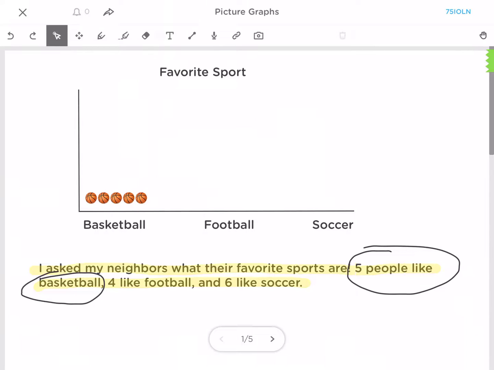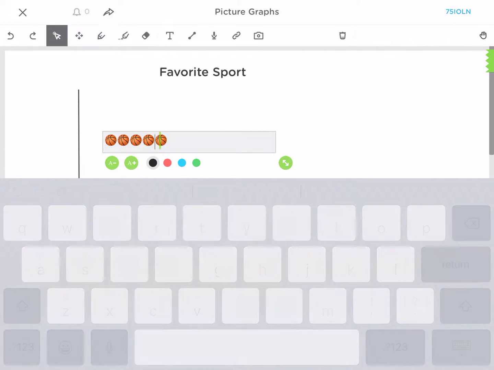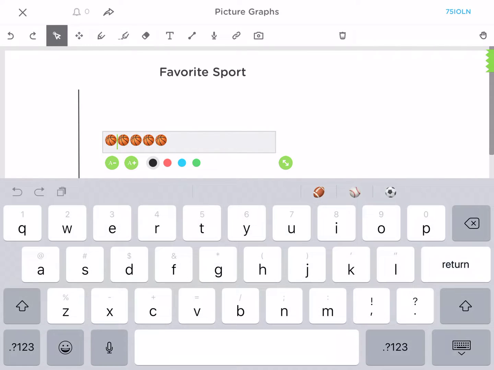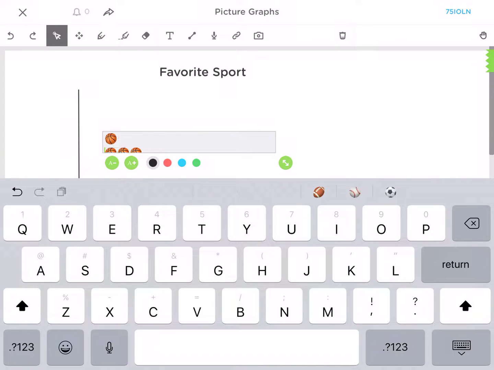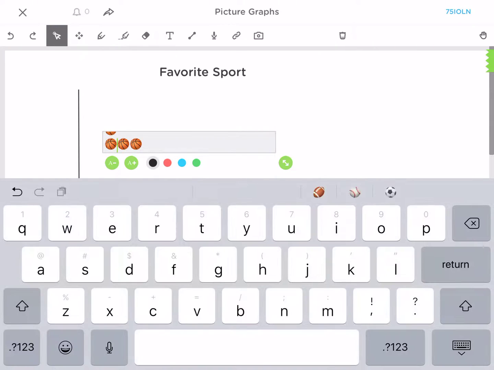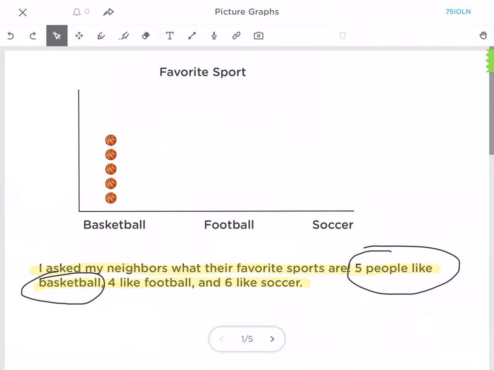If the word basketball was over on the left side, I could do that. But when basketball's on the bottom, we want to stack our pictures so it's easy to tell how high up they go. I'll show you. Okay, by doing that, I can stack them all up and see just how many people like basketball.